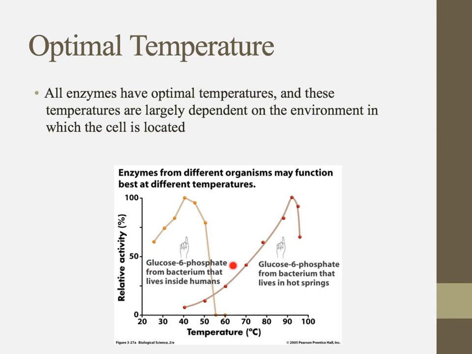This human enzyme and this bacteria enzyme are similar, but they're two different versions. Because they are slightly different shaped, they have slightly different optimal temperatures. They're going to work in different environments. No matter which environment we're in, we're still seeing the same shape: slow reactions because of low temperatures, optimal temperature, and then a sharp drop off due to denaturation.